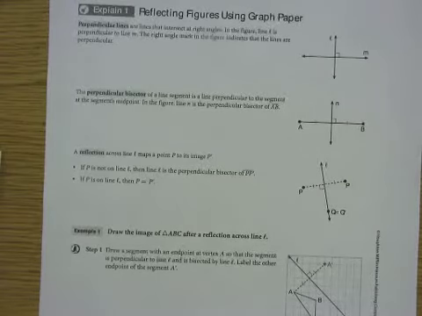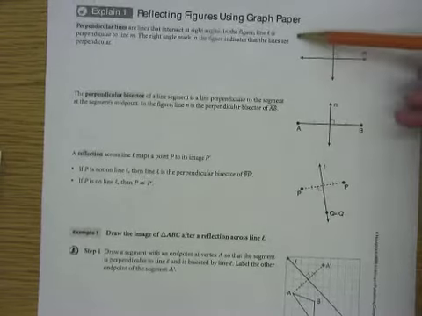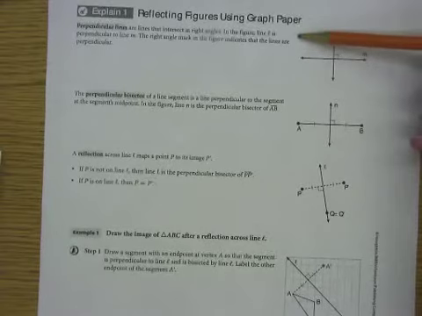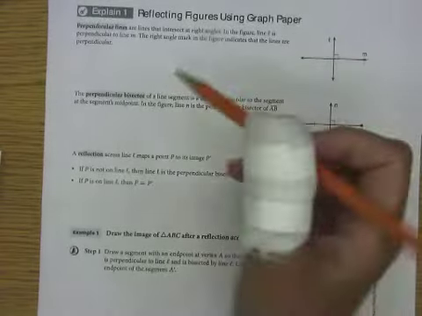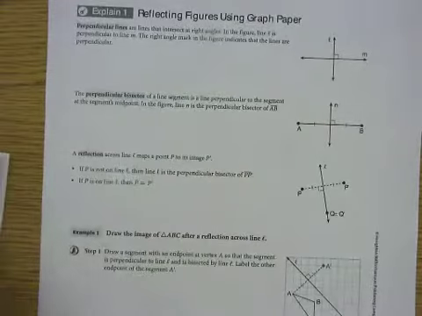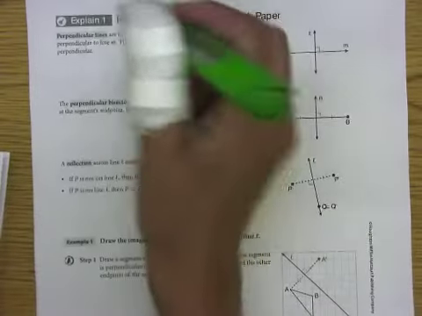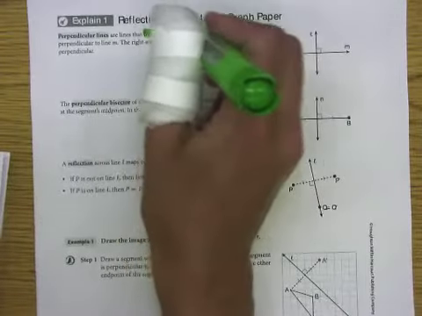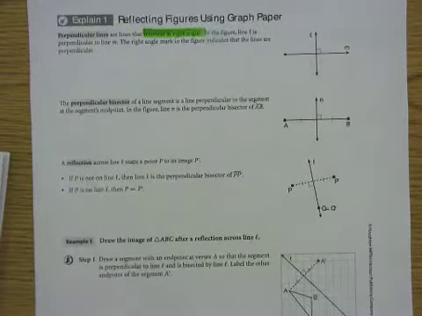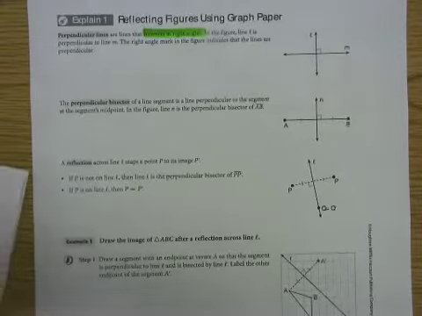And then we're going further into reflecting in graph paper. So before we can do that, there's a little bit of vocabulary that we need to clarify. Notice here that we're talking about the definition of perpendicular lines. Perpendicular lines are lines that intersect at right angles. You might want to highlight that in your notes.